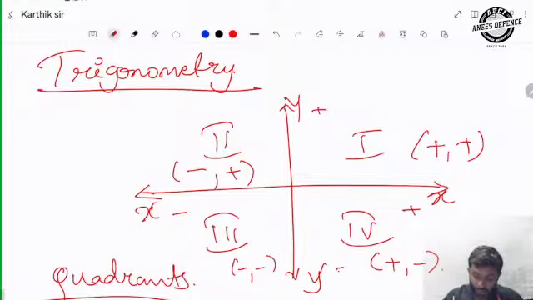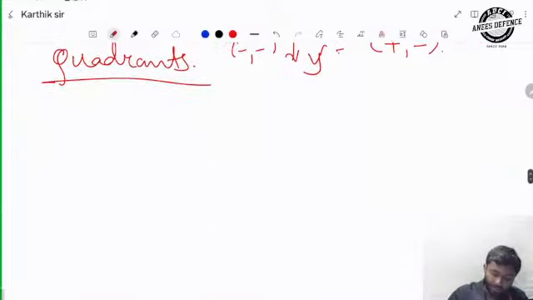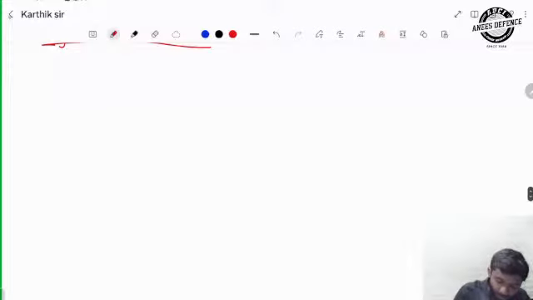So for now, just remember this. Here, if we write x first and then y, both x and y values will be positive. Here x is negative, y is positive. Here both are negative. Here again x is positive and y is negative. We will see that later. For now only quadrants are important.